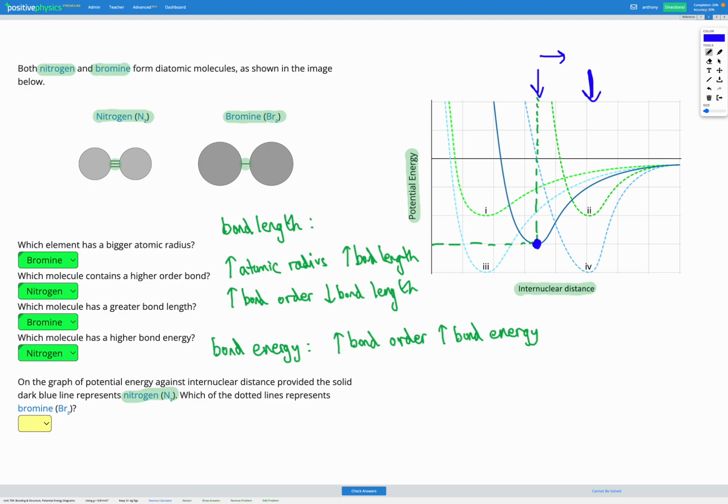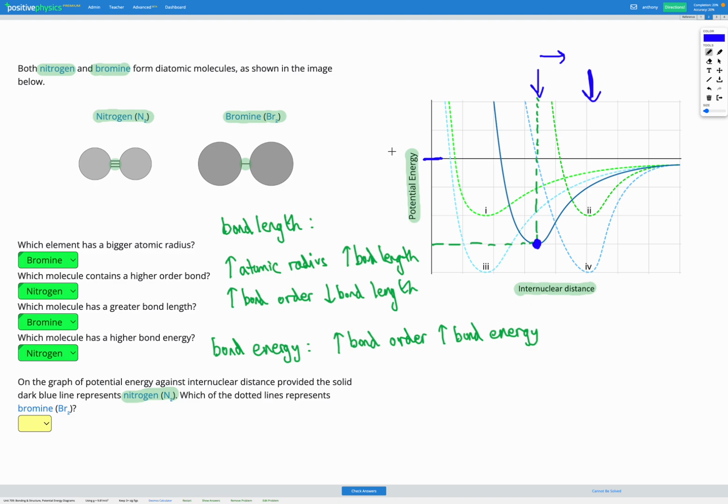What about the energy? So we know that nitrogen has a higher bond energy. So nitrogen should have a higher or a greater peak than bromine. So we're expecting the peak on the graph we're looking at to be smaller than the peak of the dark blue main line. However, notice the way that it's labeled on the graph. Potential energy has an axis running through there.